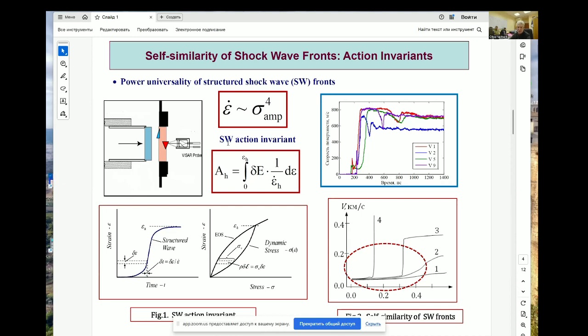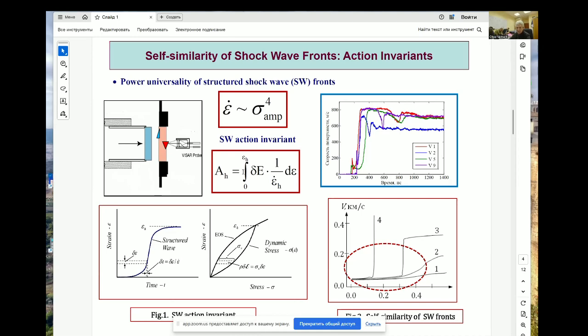that has the nature of an invariant, the shock wave action invariant, that could be represented by multiplying the characteristic energy related to the area between the equation of state of the Hugoniot and the characteristic curve related to real loading. And this shock wave invariant can be considered as the measure of structural changes in material due to the impact.